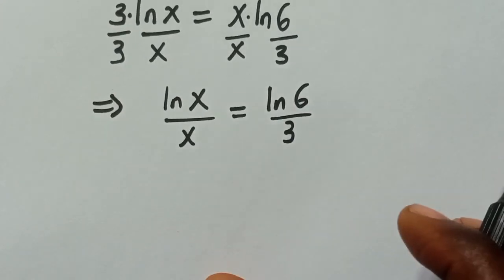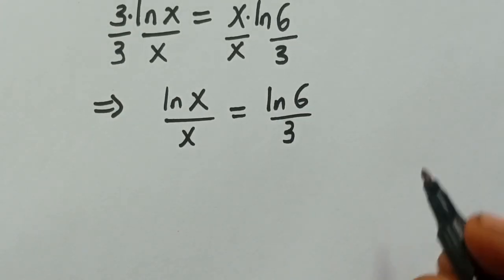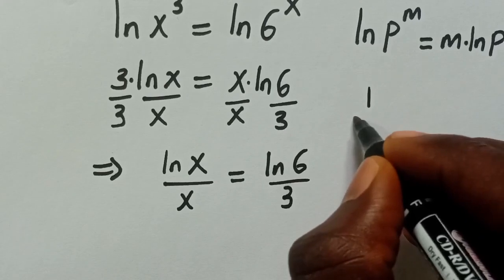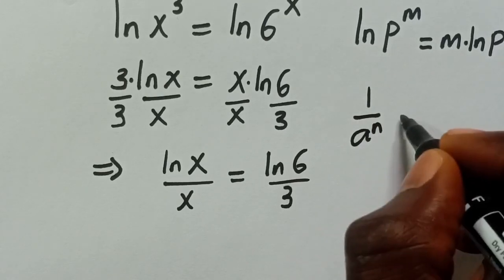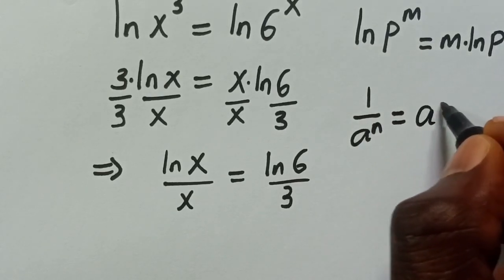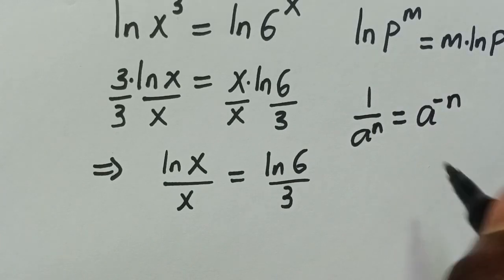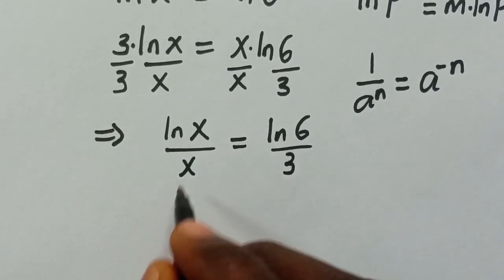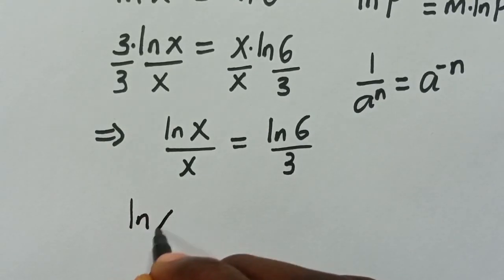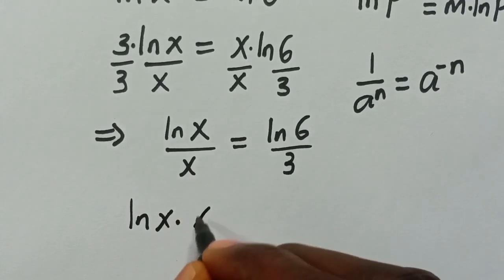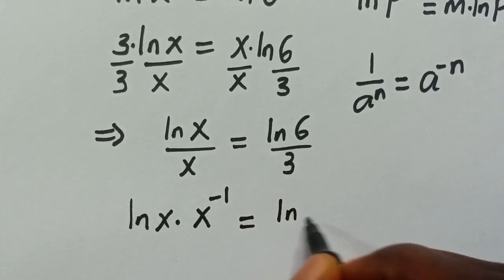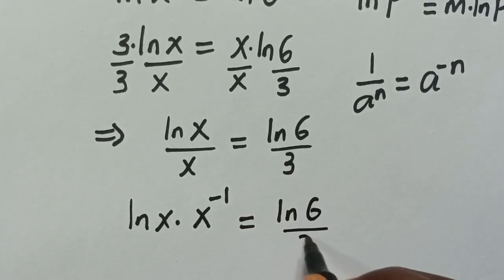So, having known this, let us recall that 1 divided by a to the power of n equals a to the power of minus n, the power changes to negative. But this one has power 1, so we can have this as ln of x multiplied by x to the power of minus 1 equals ln of 6 divided by 3.